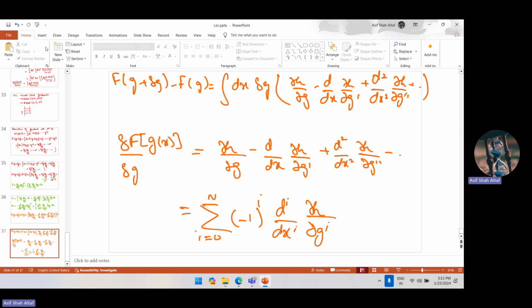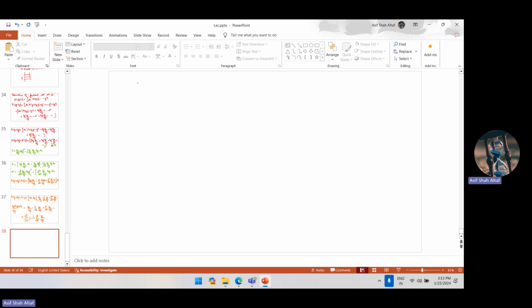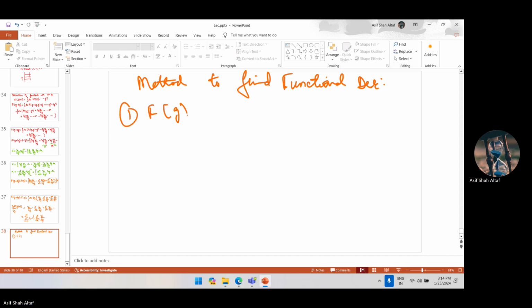So in short, the rule, or I should say the method, to find the functional derivative is as follows. First step, you will have some functional f of g of x.